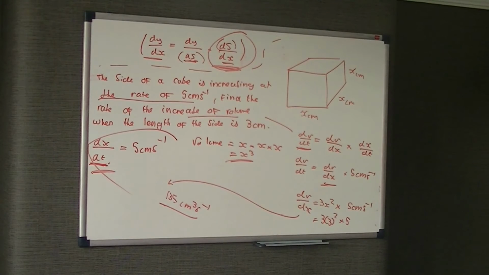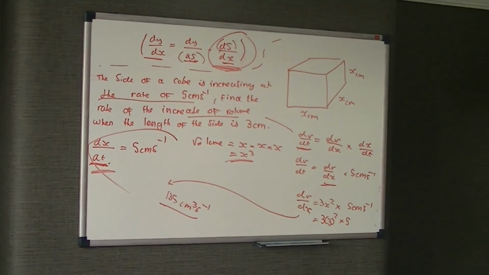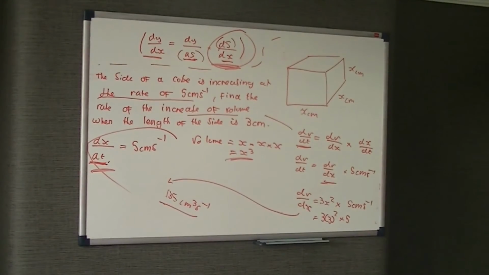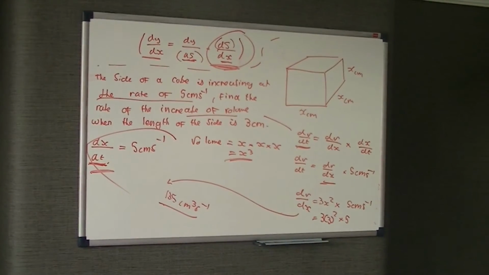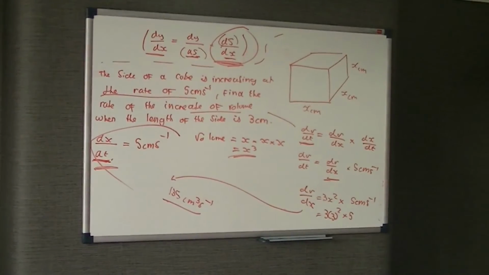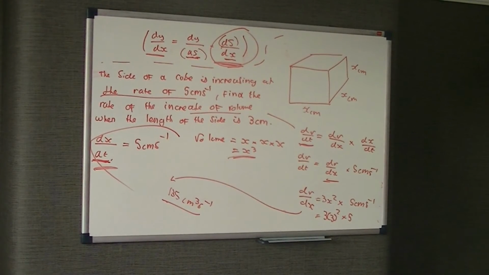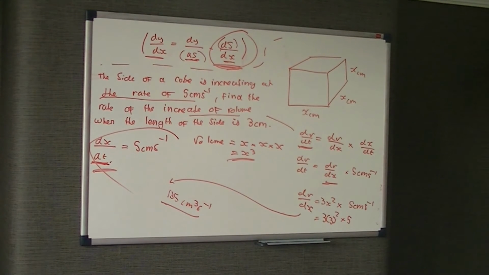Sometimes you may not be able to work out dV by dx, but you may be able to work out dx by dV. You just do the special case of 1 over dV by dx to get dx by dV, or the other way round. So that's a bit of background to the additional part of this. The rest of it is exactly the same as what we've just done on the board.